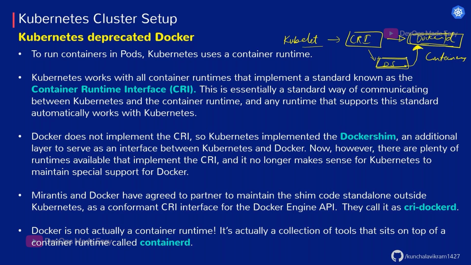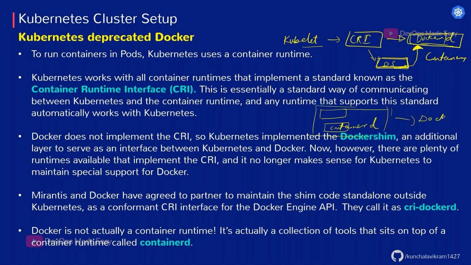Then Kubernetes realized that maintaining this extra piece of software called Docker shim to integrate Docker is of no use, because ultimately it needs only a container runtime. In case you know about Docker, it internally uses containerd as the container runtime, and on top of that it has Docker volumes, Docker networks and so on. Altogether, the whole package is called Docker.